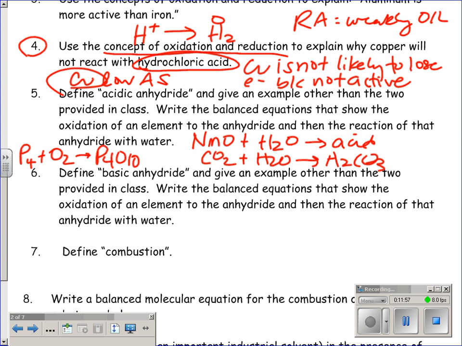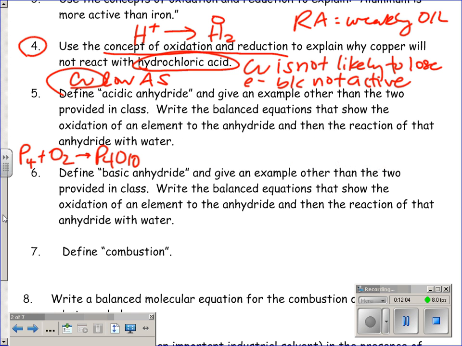Okay. Just go with me here. What does that produce when that non-metal oxide reacts with water? Phosphoric acid. What is the oxidation state of this phosphorus?